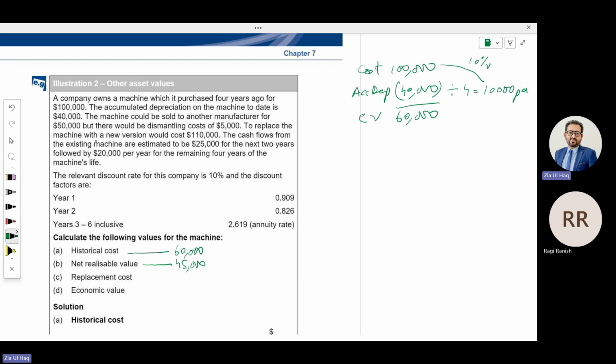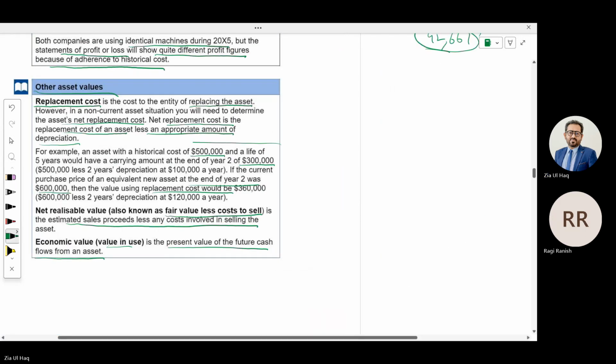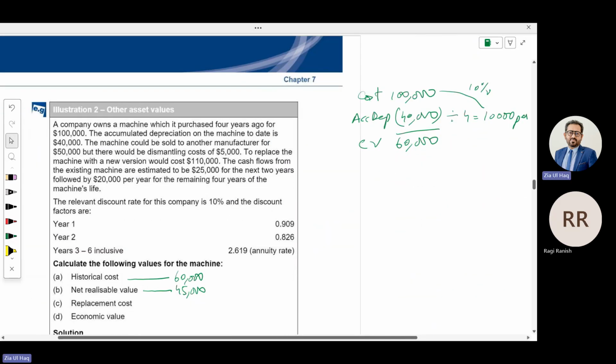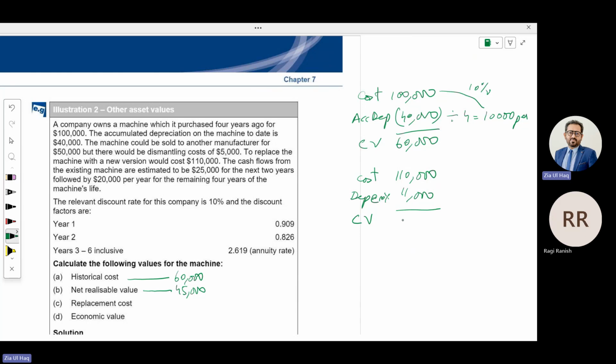To replace the machine with a new version would cost 110,000. If we apply this depreciation rate to the new machine with a cost of 110,000, what is the depreciation per year? 10%, which is 11,000.